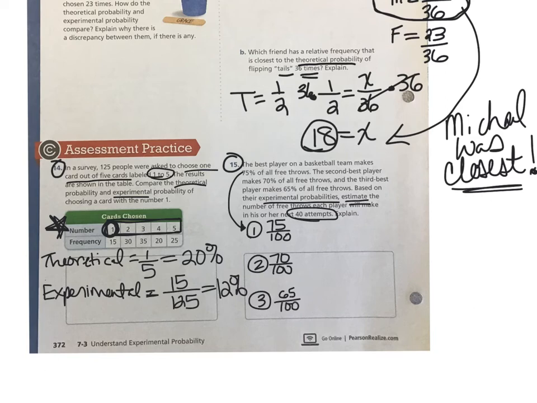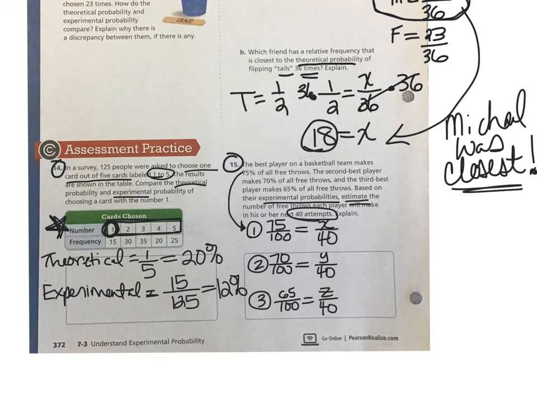Now we could easily simplify these ratios in order to set up a proportion for the next 40 attempts, or we can just use the ratios that we have. In other words, I want to know how many would player 1 make out of 40, how many would this be for player 2 out of 40, and how many for player 3 out of 40.